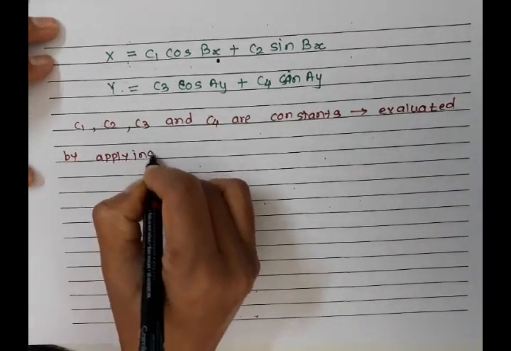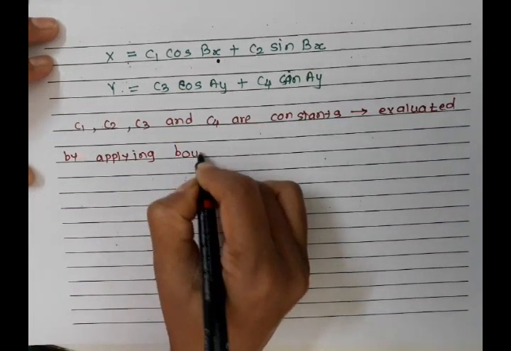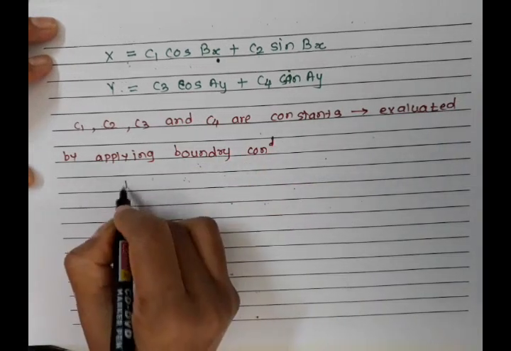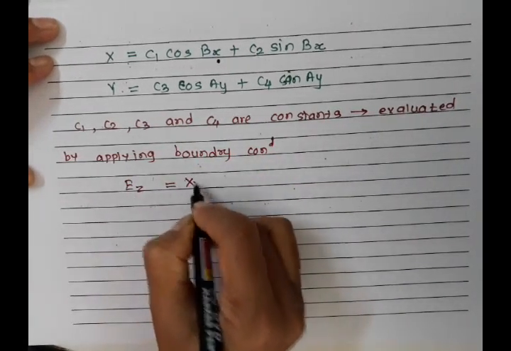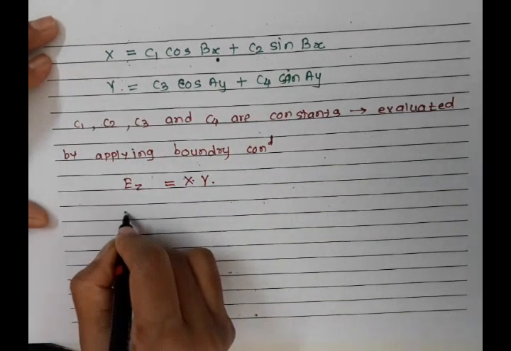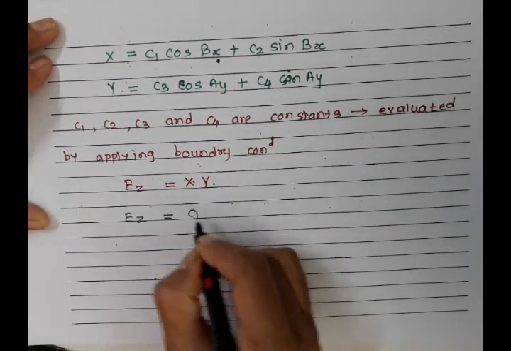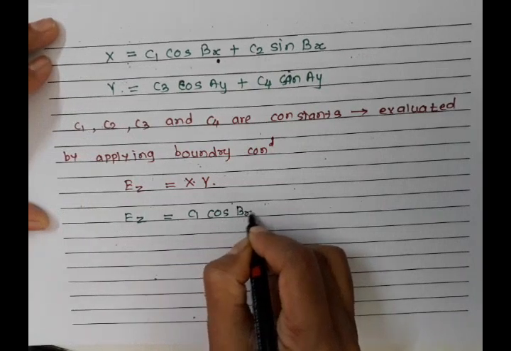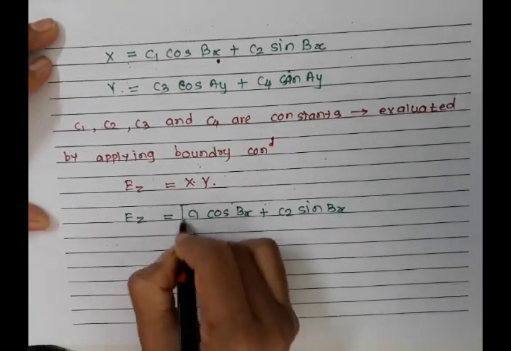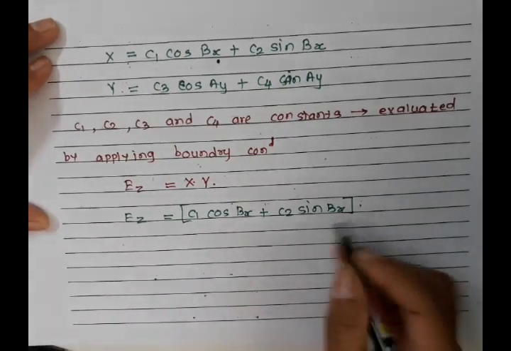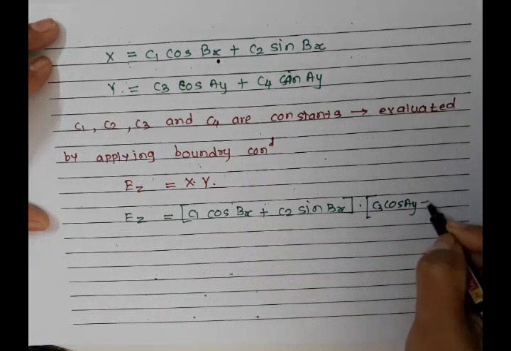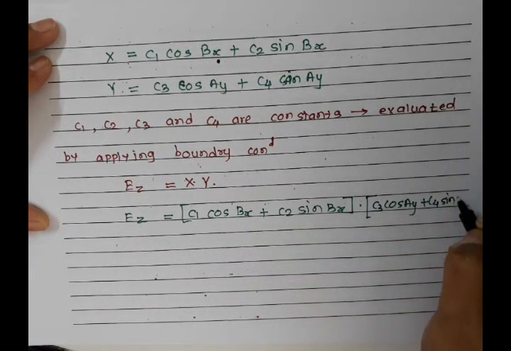Okay, so I can write here what will be Ez. We have put Ez is equal to X into Y. Now I know what X is and what Y is. So Ez is equal to (c1 cos bx plus c2 sin bx) into (c3 cos ay plus c4 sin ay).